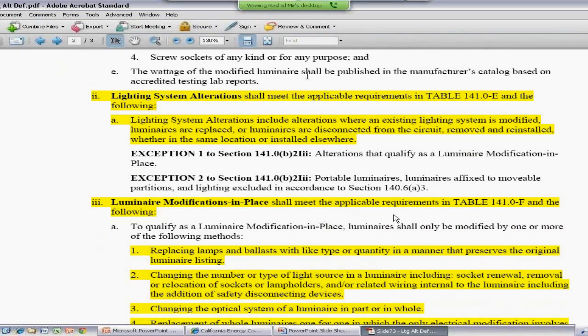As we talk about the first table we're going to look at, it includes lighting system alterations. And what that includes, if you look here, is an alteration where an existing lighting system is modified, luminaires are replaced, or luminaires are disconnected from the circuit, removed, and reinstalled, whether in the same location or installed elsewhere.